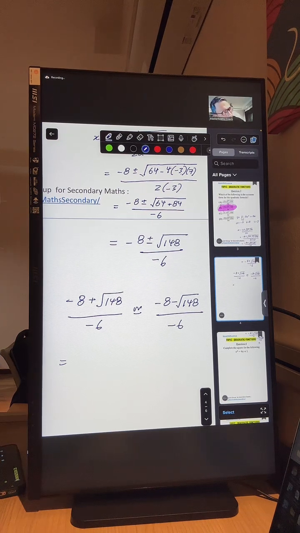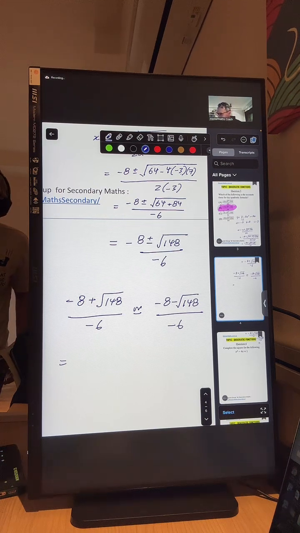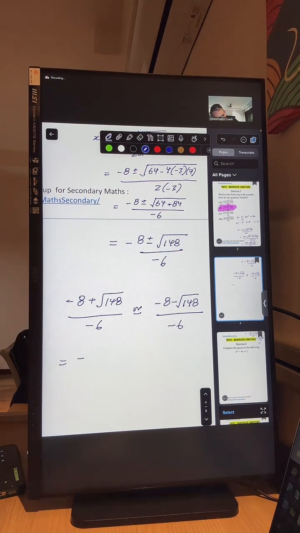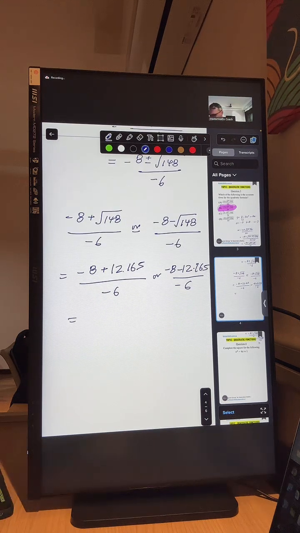Okay, what do you all get? Hey, where are all the comments? Guys, don't get lost. Come on. Okay, so minus 8 plus, I have here 12.165 over negative 6, or negative 8 minus 12.165 over negative 6. So what answer will I get here?